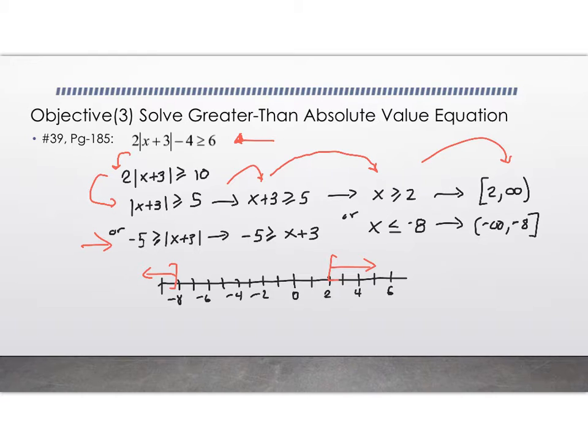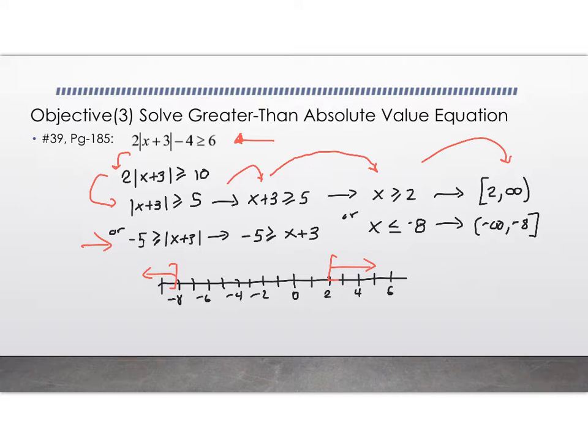Now I will show you the bottom part where we have negative 5 is greater than or equal to the absolute value of x plus 3. When I take the absolute value sign away, I get negative 5 is greater than or equal to x plus 3, or x is less than or equal to, and you say, well, how can that be?